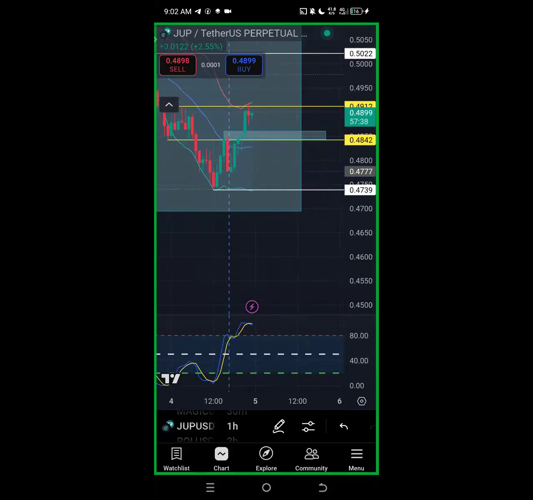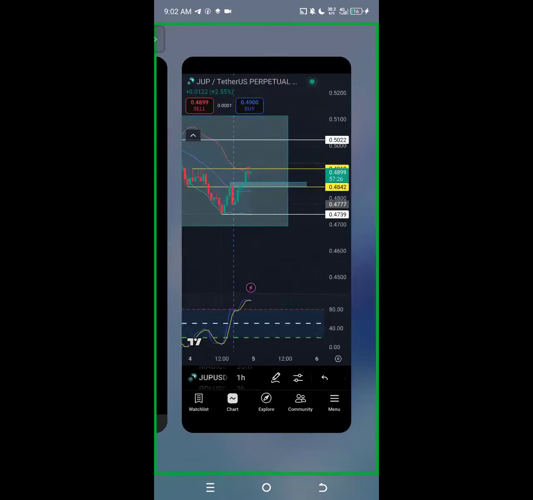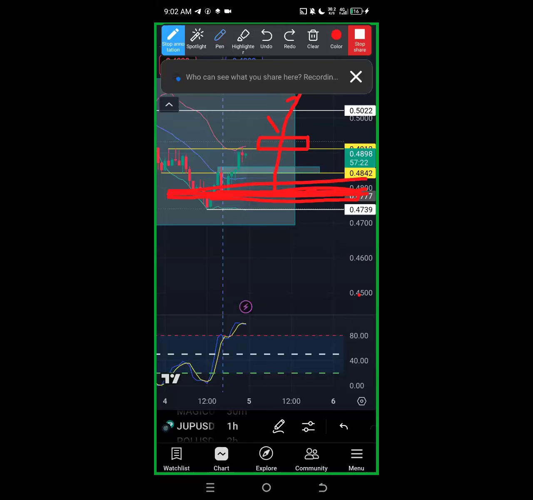So if you're going to establish your preset, make sure you just don't exactly put it on the line you've drawn. You can put it slightly up because, because of volatility, there's a tendency that sometimes the price does not really touch exactly on the point you've pointed out.